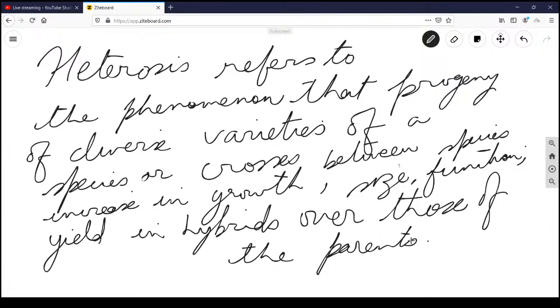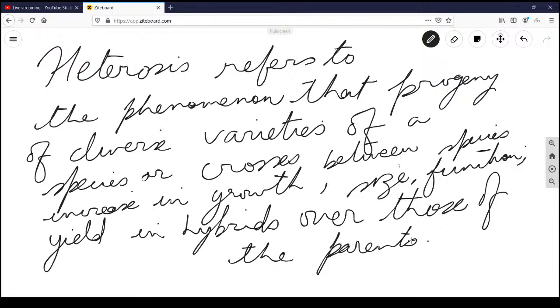It's a very, very special phenomenon that the hybrid is able to become better than the homozygous conditions. That is known as heterosis. Now, you may be interested to know how it happens.